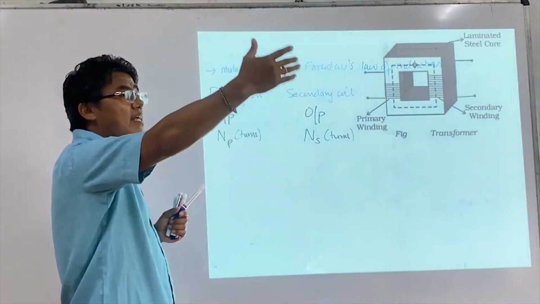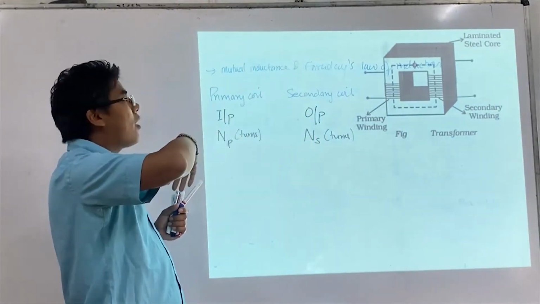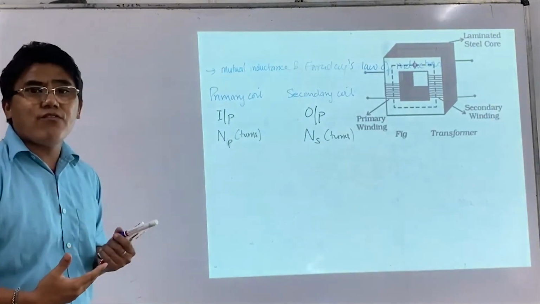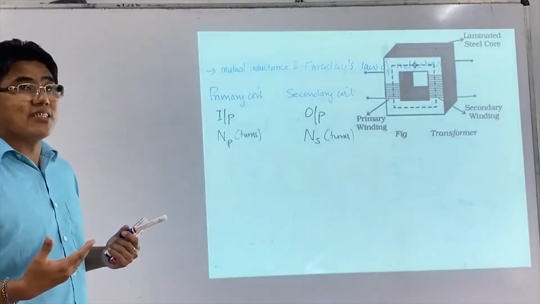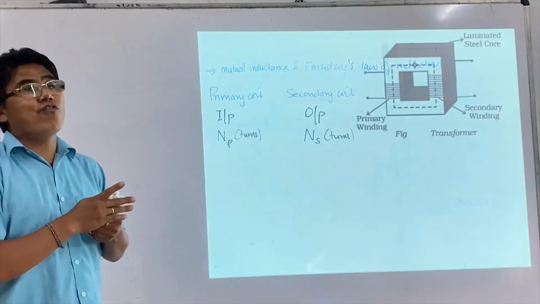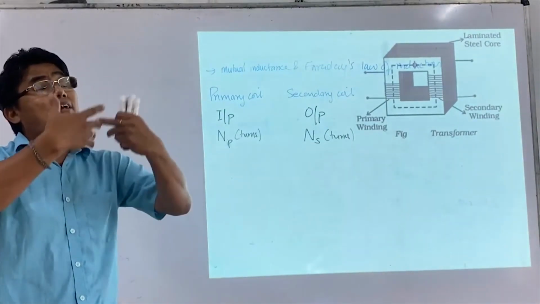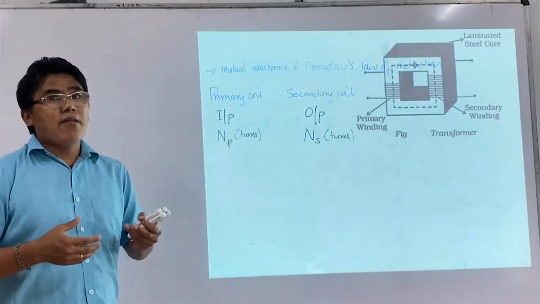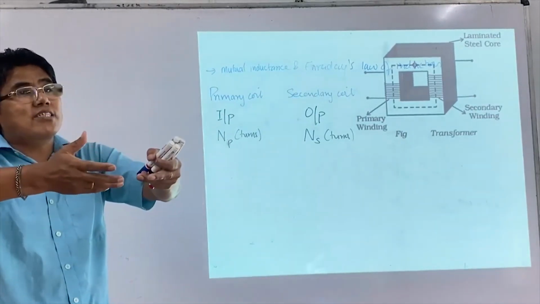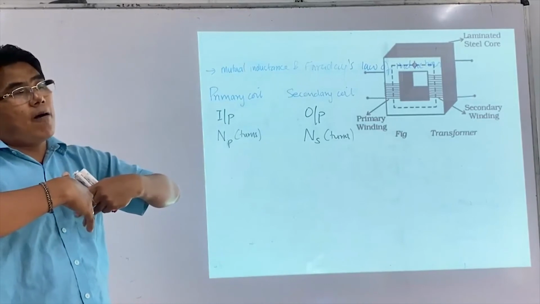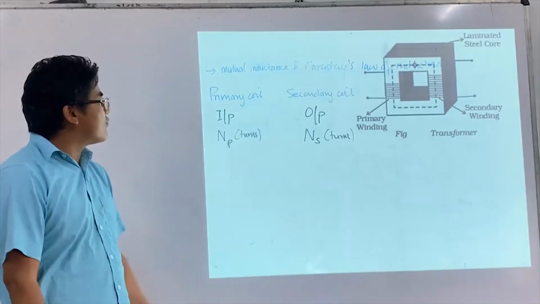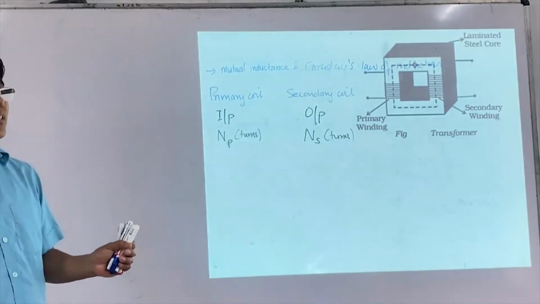Whatever flux is there in the secondary coil is linked to the primary coil. The magnetic flux of the primary coil is totally linked to the secondary coil, and the magnetic flux of the secondary coil is totally linked to the primary coil. So there is no loss of flux taking place.